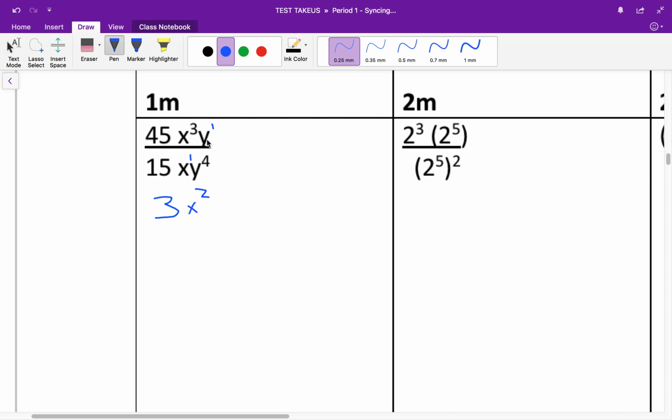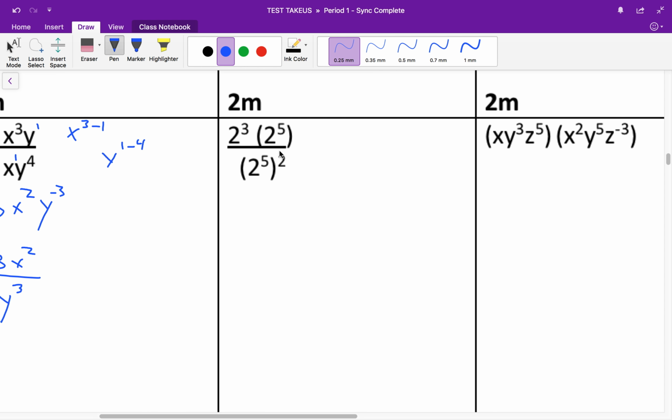And we have a 1 here, so it's going to be 1 minus 4, which is going to be y to the -3, which we can make positive by taking it to the denominator, as such. So we have x3 minus 1 and y1 minus 4. That's how we're going there.